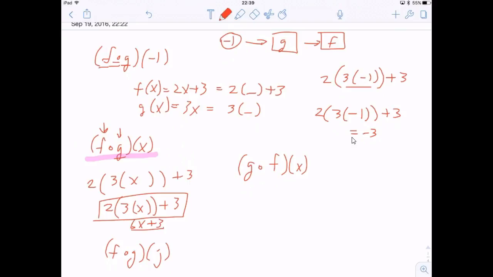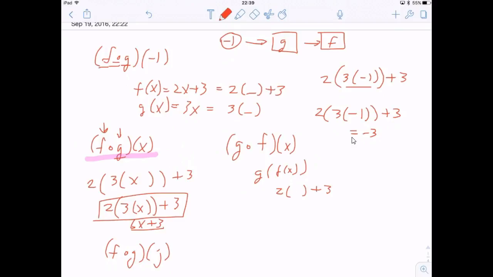Okay. Now look at this. I'm going to do the inverse operation, or the opposite direction here. So instead of f follows g, I'm going to do g follows f. So I could think of that as, okay, first I'm going to put f on the inside, and then I'm going to put g on the outside, right? So let's see, I'm going to put f on the inside, so f is 2 input plus 3.